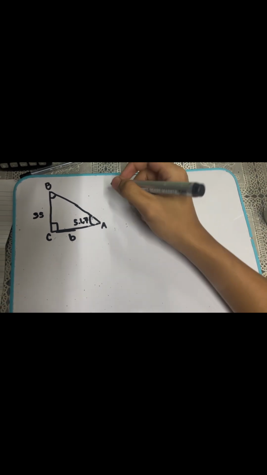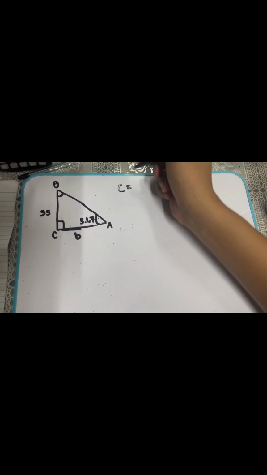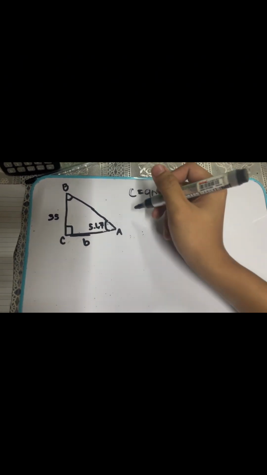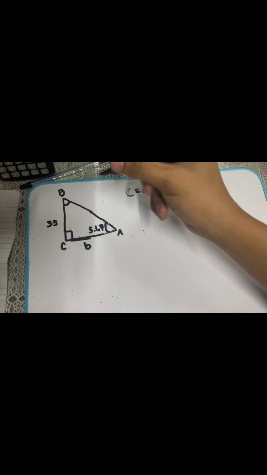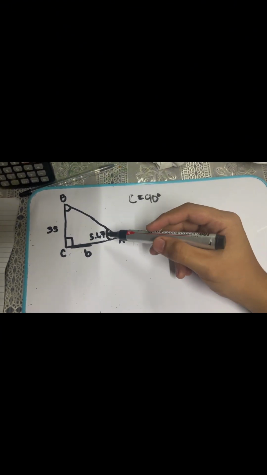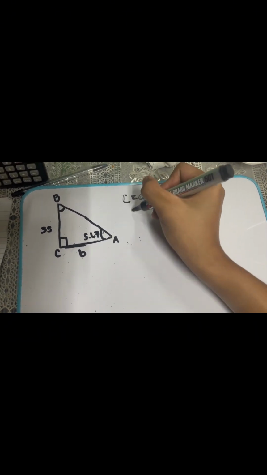Okay, so now we got our reference angle. Our C is always gonna be 90 degrees. So meaning, to get our opposite angle, we have to subtract this from 90 degrees. So let's start.